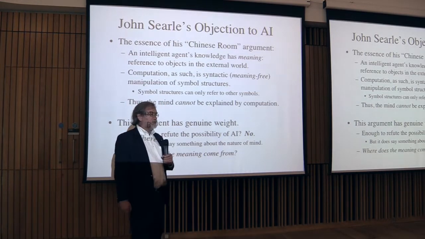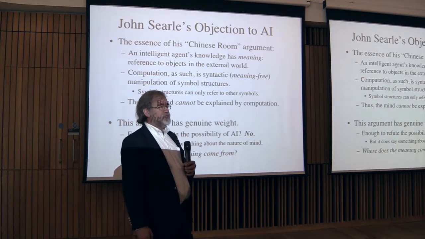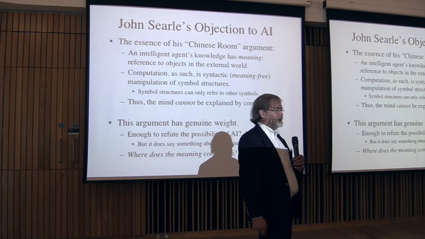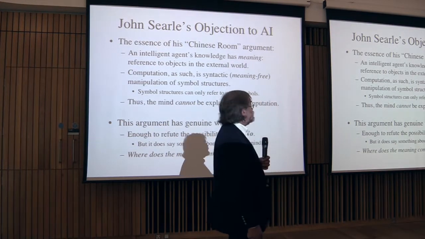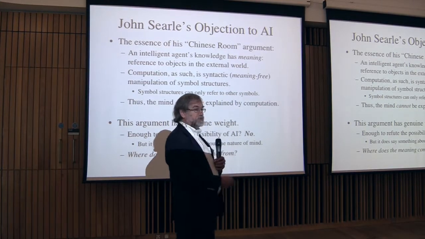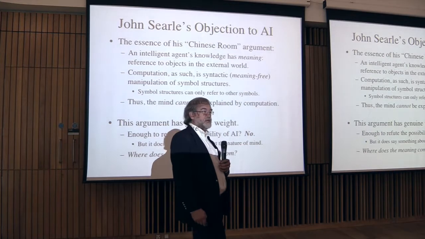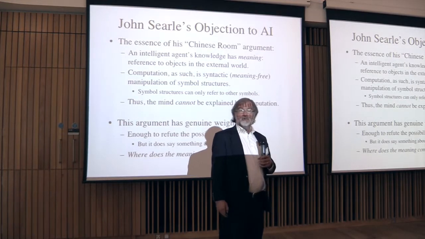Now, John Searle is a distinguished philosopher who is an adamant opponent of AI, and so has his head seriously wedged in certain ways. But he made a dramatic argument against the possibility of computational models of mind. He's got this fairly dramatic Chinese room argument, which I'm not going to talk about right now.